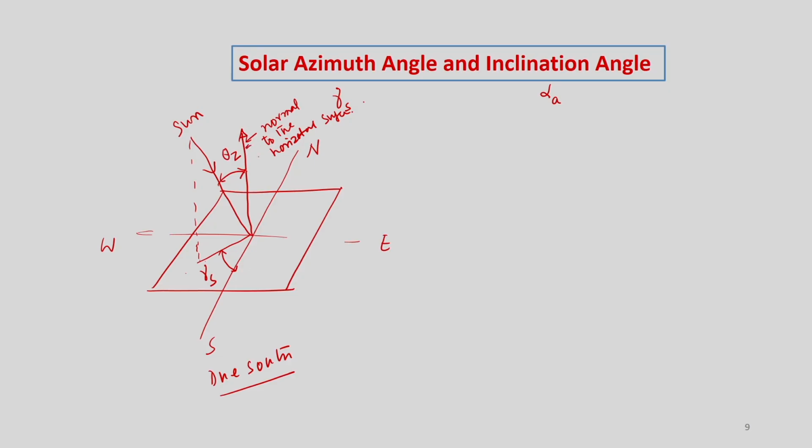This angle is always the zenith angle. And then, if we project this beam radiation on the horizontal plane, the angle between this projected line and the line towards due south is gamma s, and this angle is the inclination angle or alpha a.